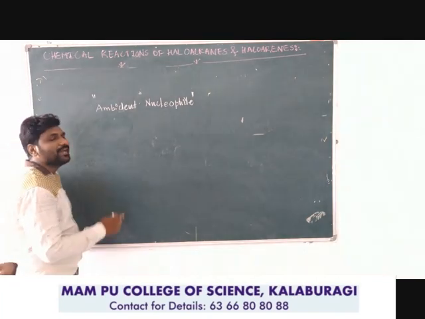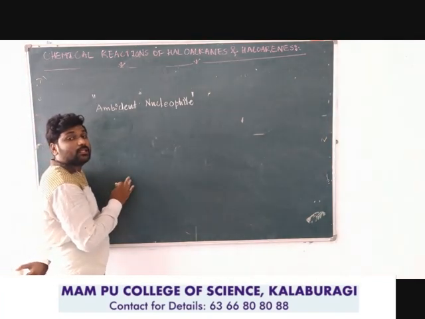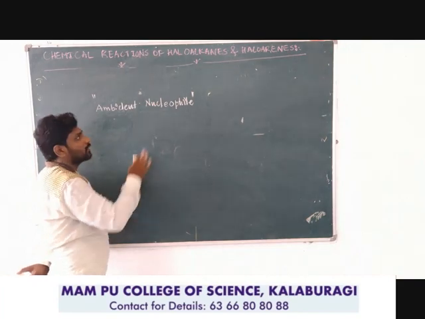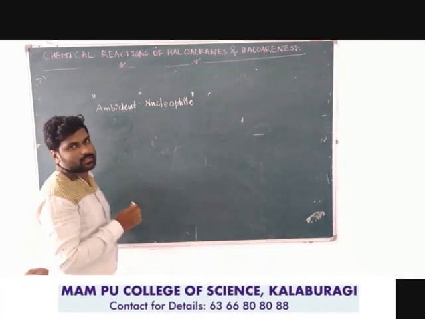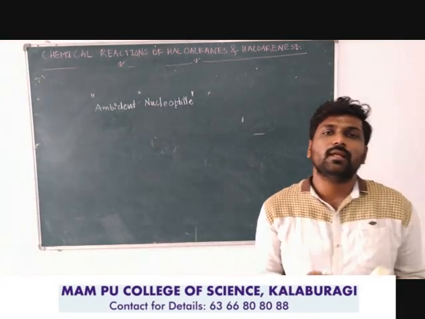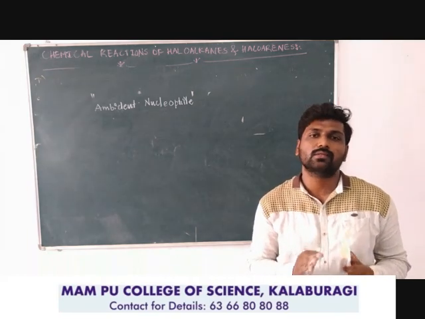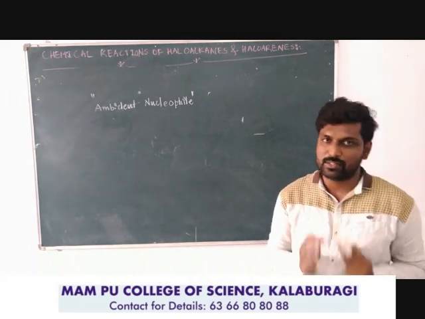What is an ambident nucleophile? A chemical substance which contains 2 nucleophilic centers is known as an ambident nucleophile. Once again, remember, a chemical substance containing 2 nucleophilic centers in one species is known as an ambident nucleophile.